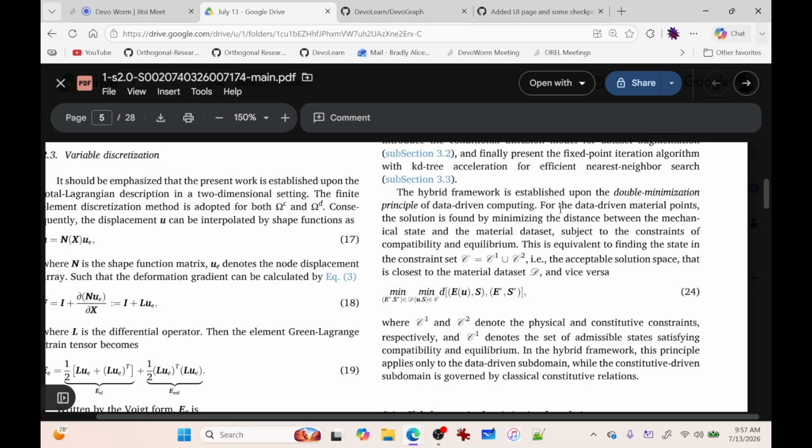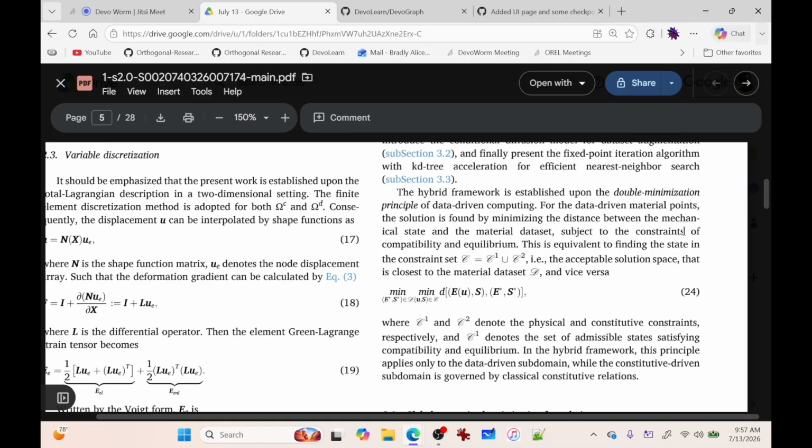For the data-driven material points, the solution is found by minimizing the distance between the mechanical state and the material data set. So it's like this distinction between the state and the data. And we saw that in the forward process of the diffusion model, where we add noise to the material data set, we can still extract the mechanical state in the reverse step of the diffusion model.